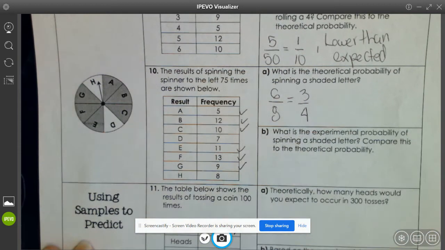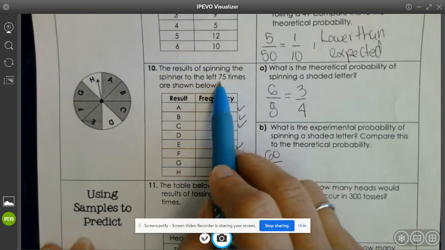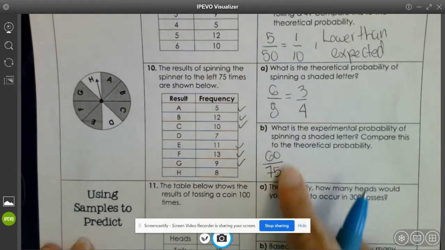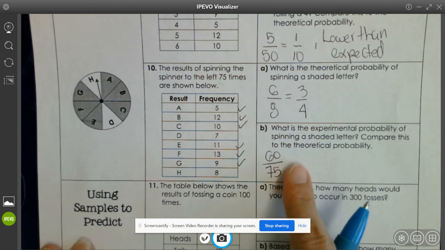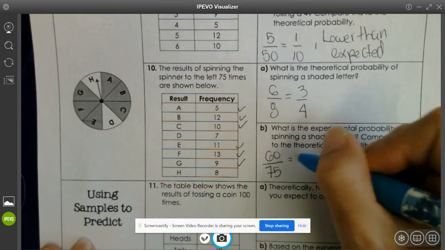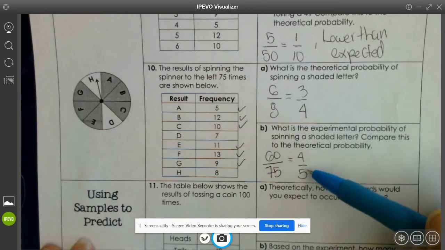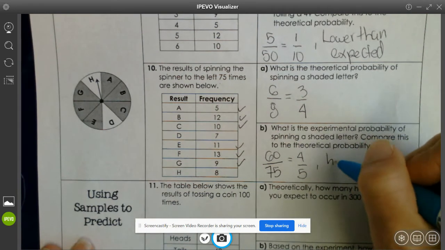So you add all those frequencies and you get 60. 60 over how many? 75, right? Because that's the times that you toss it. If you divide by 3, you get 20 over 25, and then you can divide by 5, so that's 4 over 5. So we know that this is higher than this. So higher than expected.